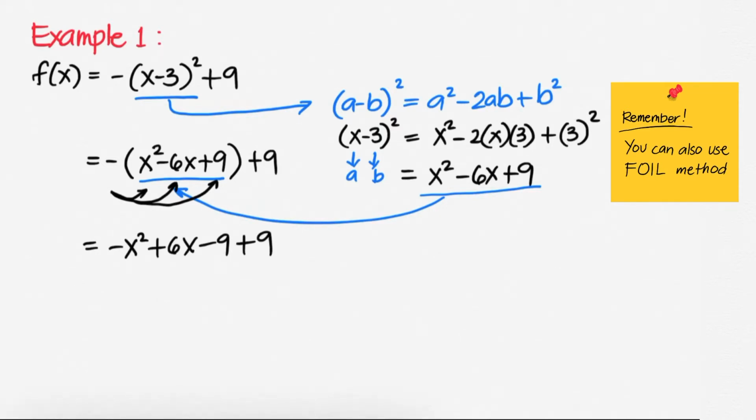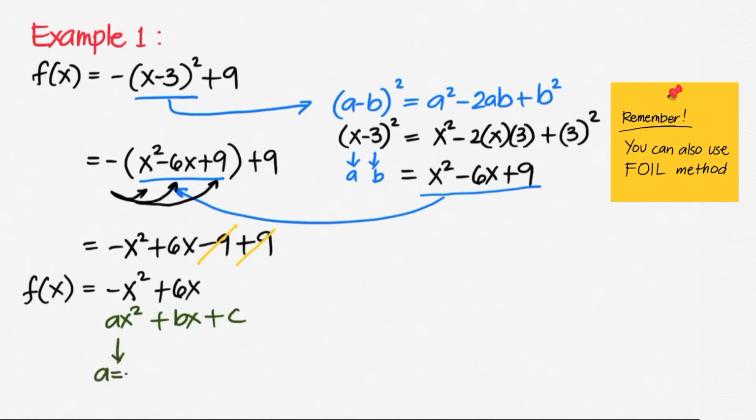Then, since negative 9 and plus 9 is equal to 0, let's cancel that out. Function of x is now equal to negative x squared plus 6x. Hence, in standard form, ax squared plus bx plus c, a is equal to negative 1, b is equal to 6, and c is equal to 0.